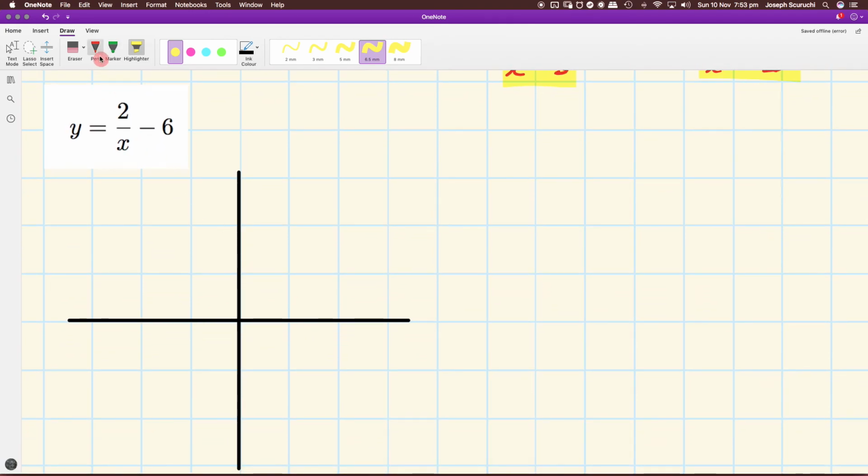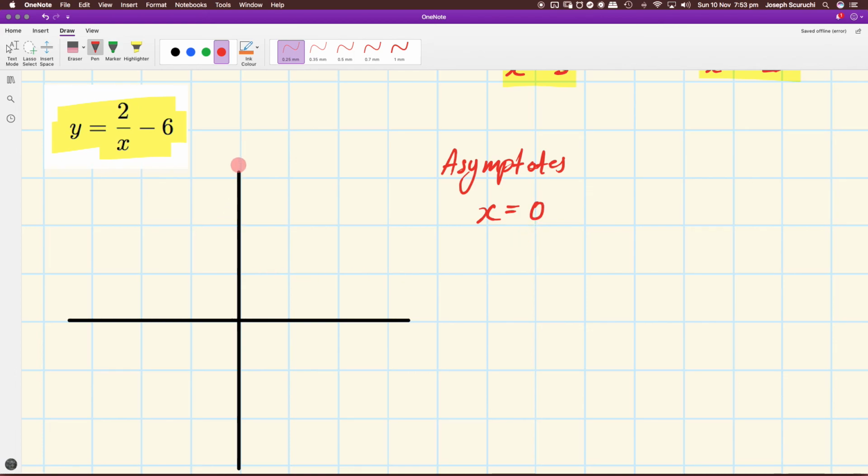So here I have this rule right here. Again, the best thing you can do is write out what my asymptotes will be. What will my asymptotes be for this? Well, immediately I can see that if x were to equal 0, the whole thing would be undefined. So my first asymptote will be x equals 0, and I could draw that in if I so chose. Let me do that. It will be x equals 0. And I can see that this -6 is going to shift it down here.